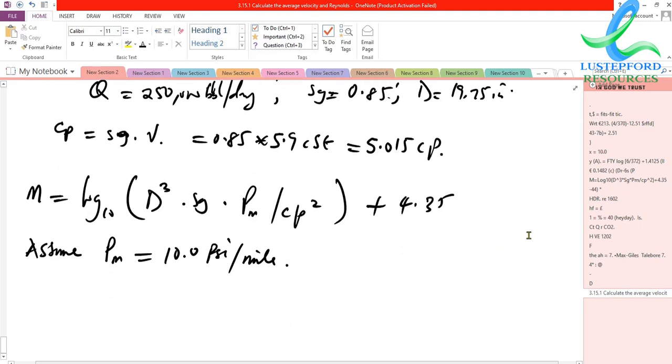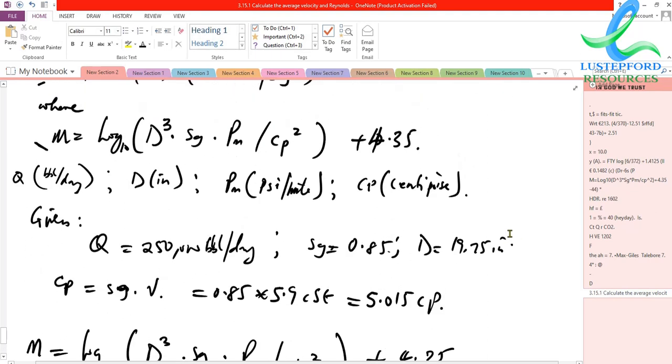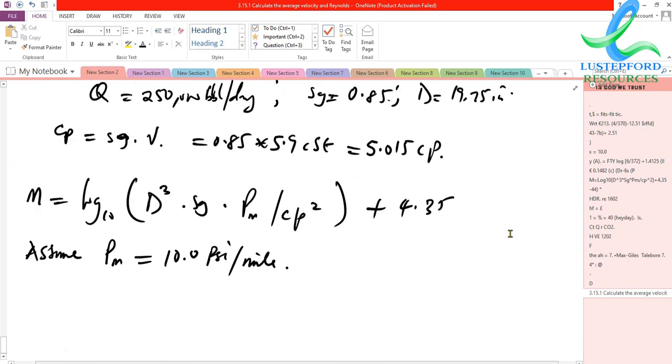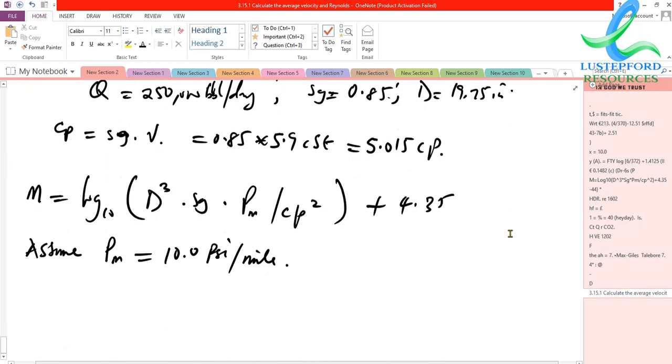So there is going to be an iteration. That is the only unknown there.